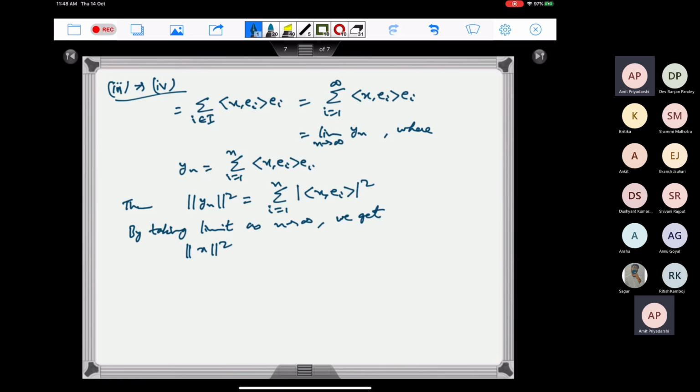Right, so this is equal to x, we know. So since yn converges to x, norm yn converges to norm x.